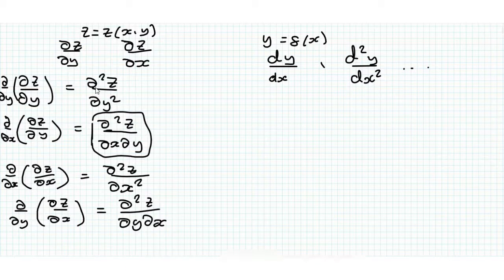And it was clear partial d2z by dy squared is different from partial d2z over partial dx squared. So that's one. Two.